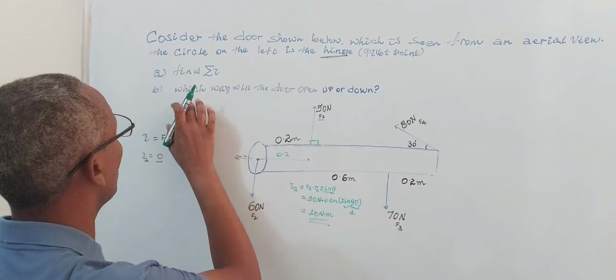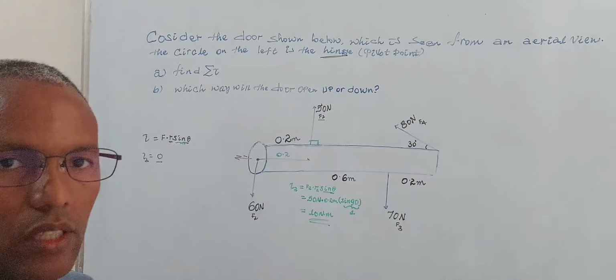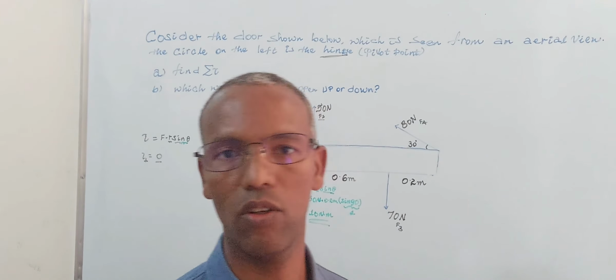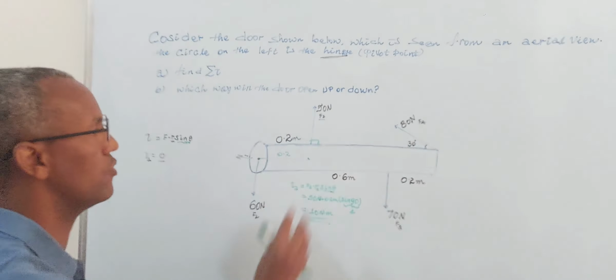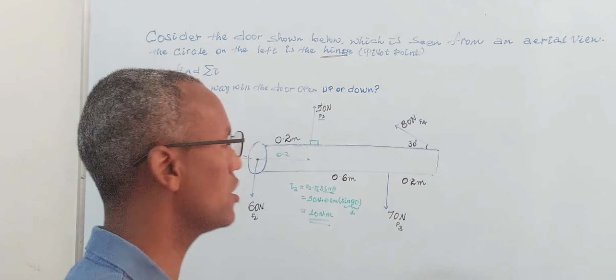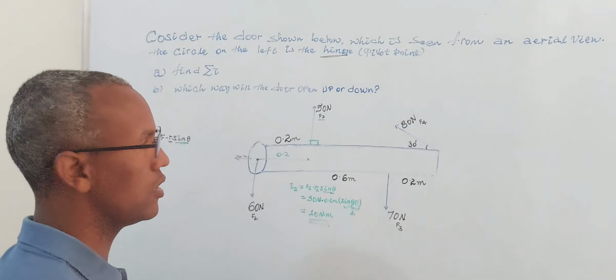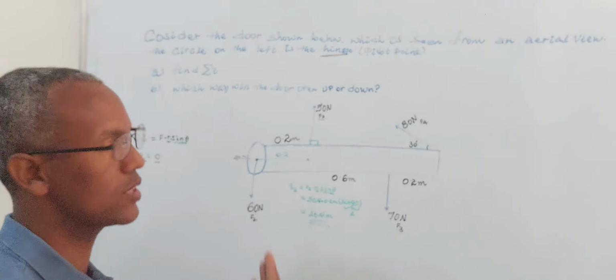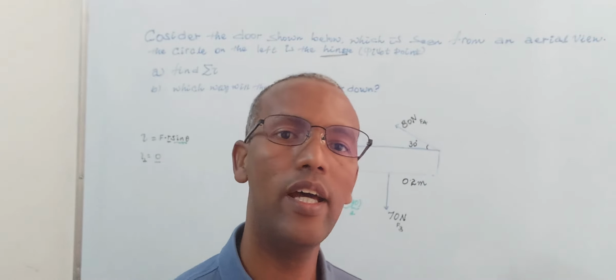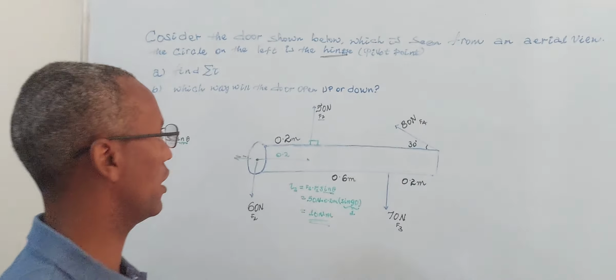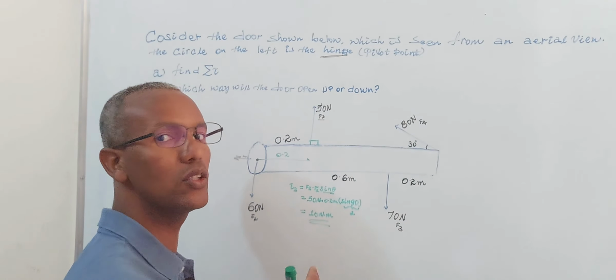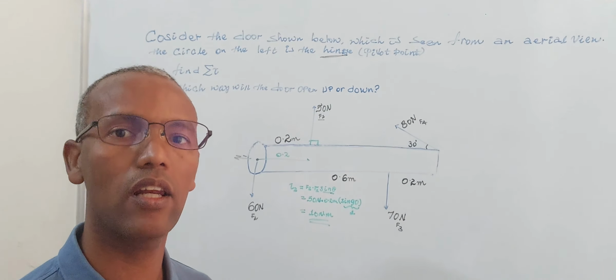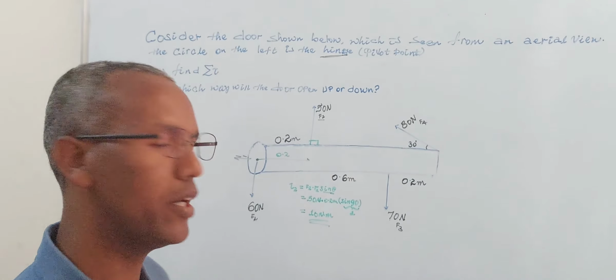Now the next question is, what's the direction of this torque? You can determine the direction in two different ways. First, the force is directed into the page, meaning a clockwise direction, which is negative.